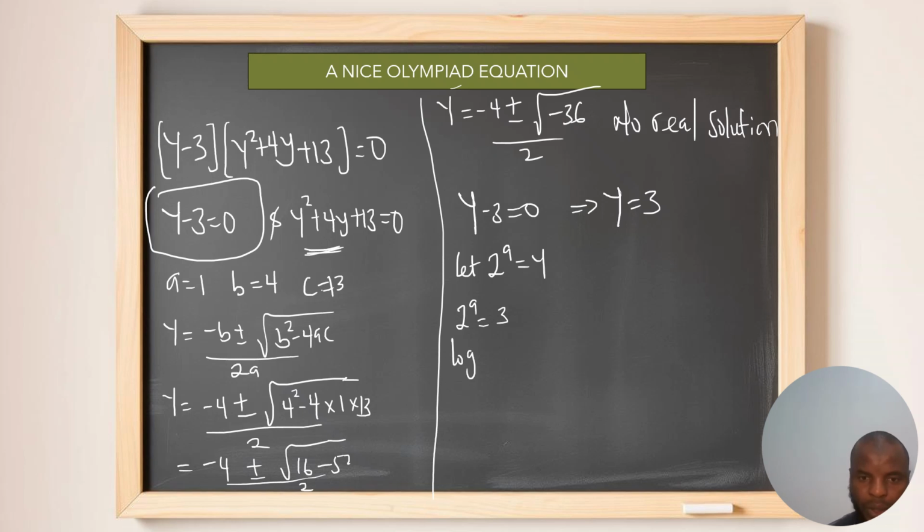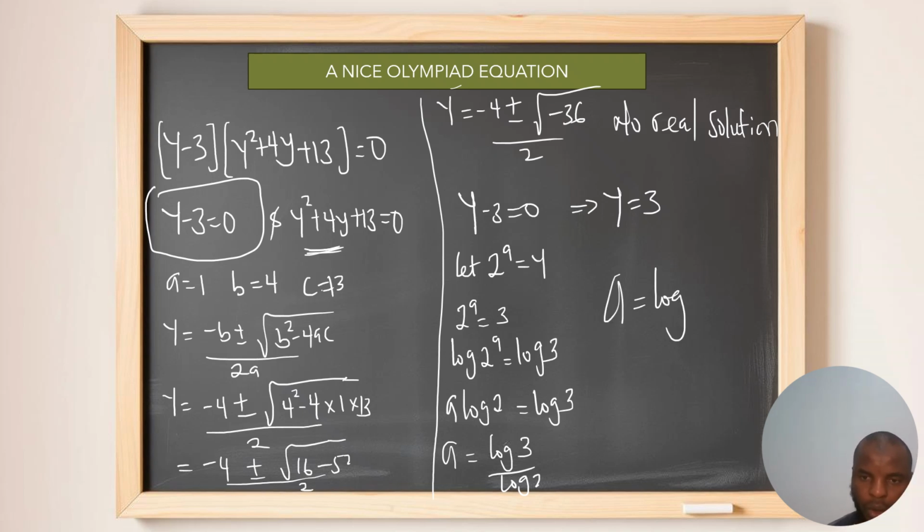Applying logarithm to both sides, we move the power to the front, so we have a log 2 equals log 3. To get the value of a, we have a equals log 3 over log 2. So finally, a equals log 3 base 2, because they have the same base. So you can have the value of a like this.